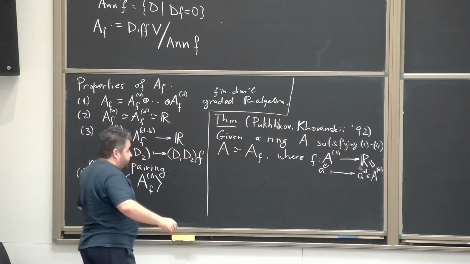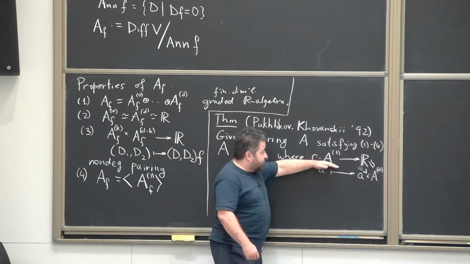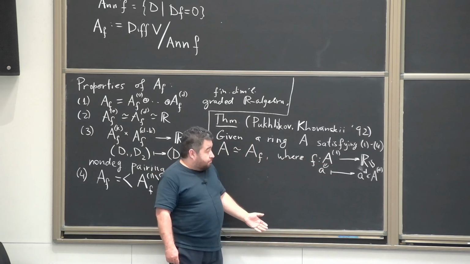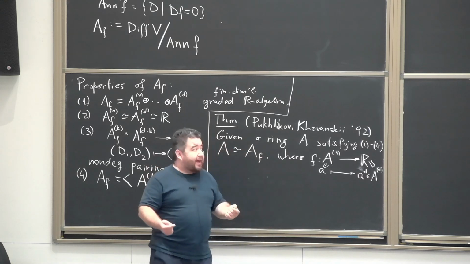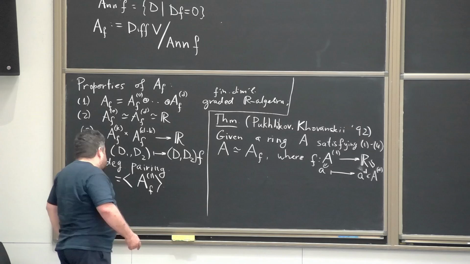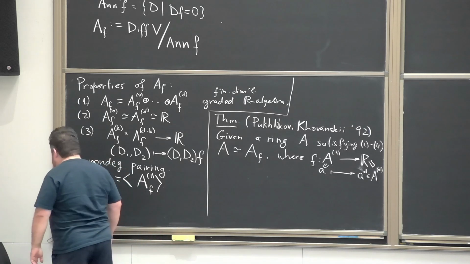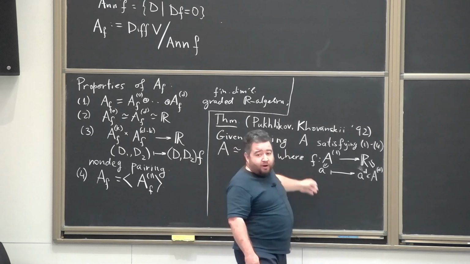Okay, so if I know that my ring is generated by the first degree component, I can consider the following polynomial, and this will be the polynomial that will produce this ring as a result of this construction. It's really easy, but where in nature do such rings come from?